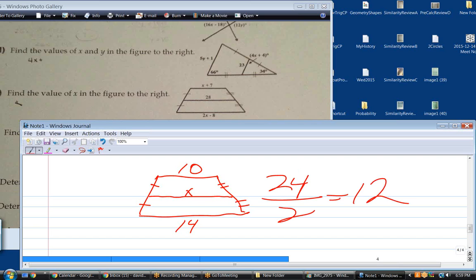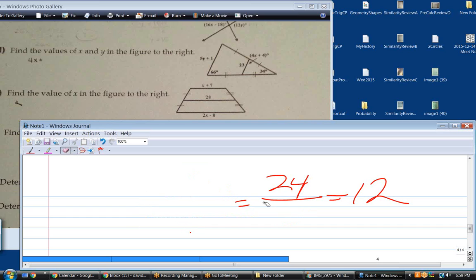So I can say that the mid-segment is equal to the top base plus the bottom base divided by 2. Right? So translate that to an equation for our picture. I know the mid-segment is equal to the top base plus the bottom base divided by 2.